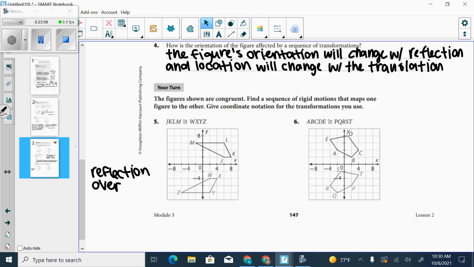Now, if I reflected it over the x-axis, K would have ended up on this line, right? Or we could say that it reflected across this line, right? And that would have put it in that spot. Okay? So reflect across the y equals -1.